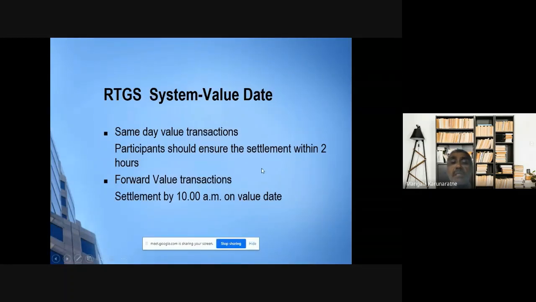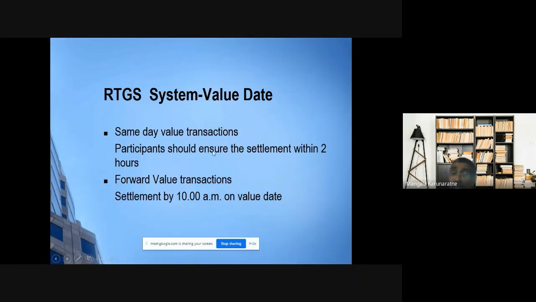Forward value transactions: settlement by 10 a.m. on the value date. You can do forward value transactions in the RTGS system, but they will get settled by 10 a.m. on the value date. They have runs in the central bank to do all these settlements for the forward ones, but same day value ones will get settled then and there.